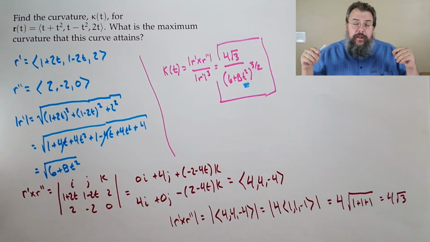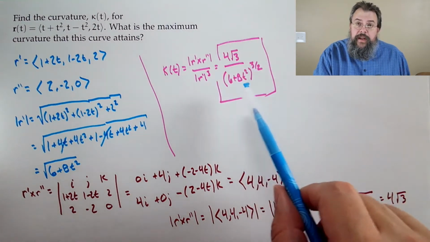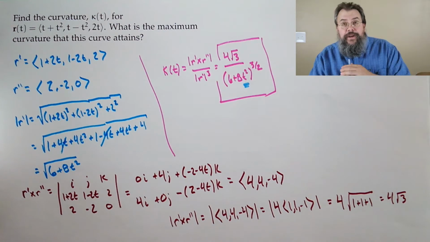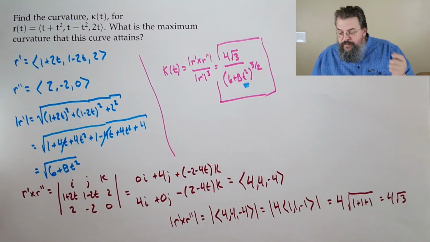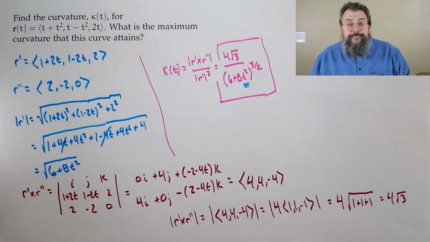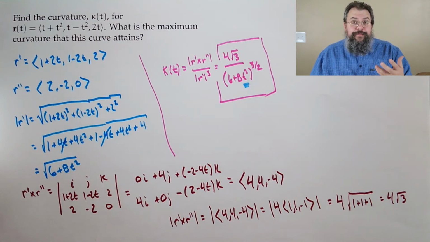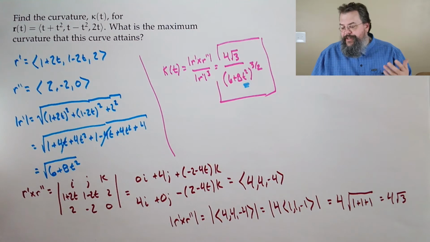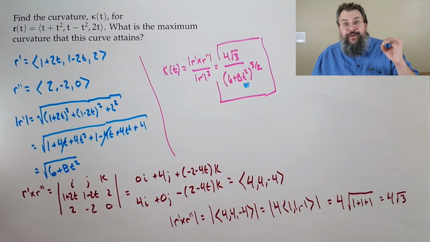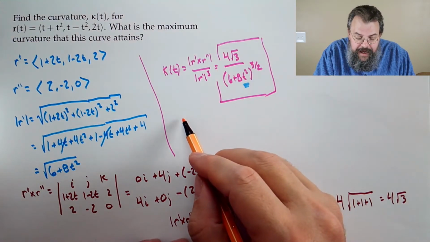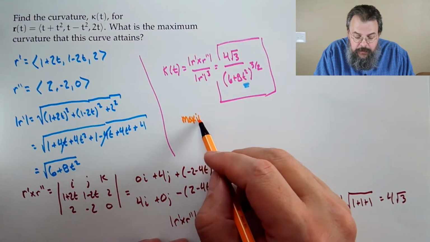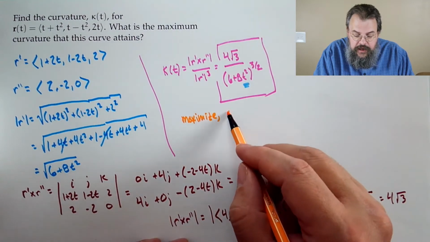The larger t squared is, the bigger your denominator is, meaning the smaller your expression is. So we should make t squared as small as possible. How small can t squared be? The smallest it can be is 0. That's it. So to maximize, we choose t equals 0.